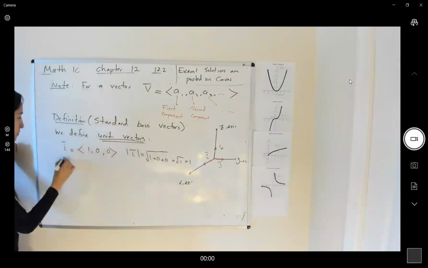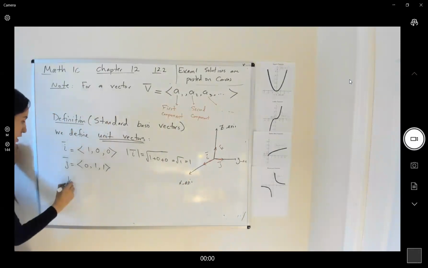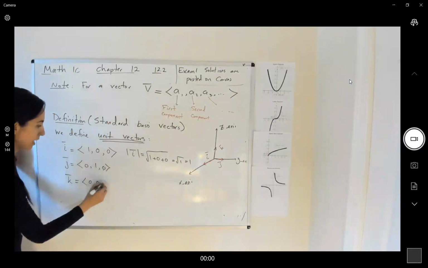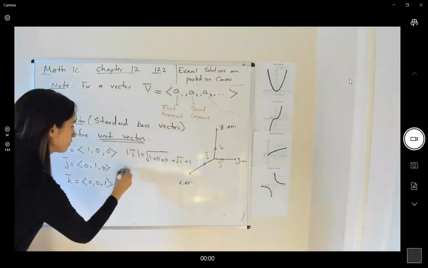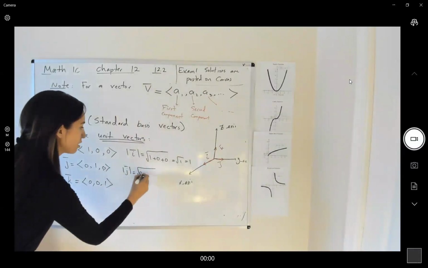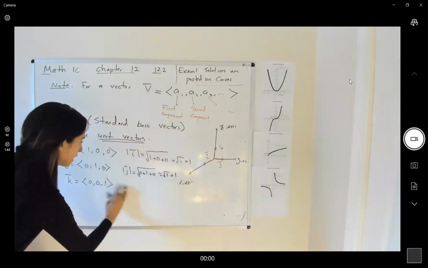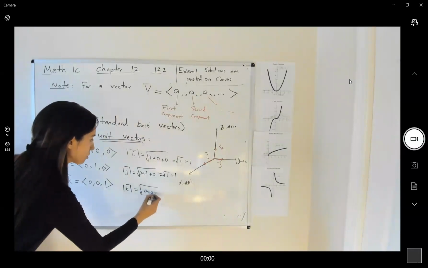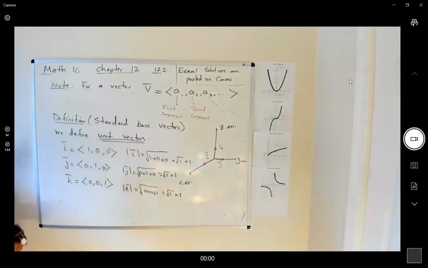And vector j is 0, 1, 0, and vector k is defined as 0, 0, and 1. All of these are unit vectors. If you find the length of these vectors, it's just 1. And for vector k, the length of 0, 0, 1 is the square root of 1, or 1. All of these are unit vectors.